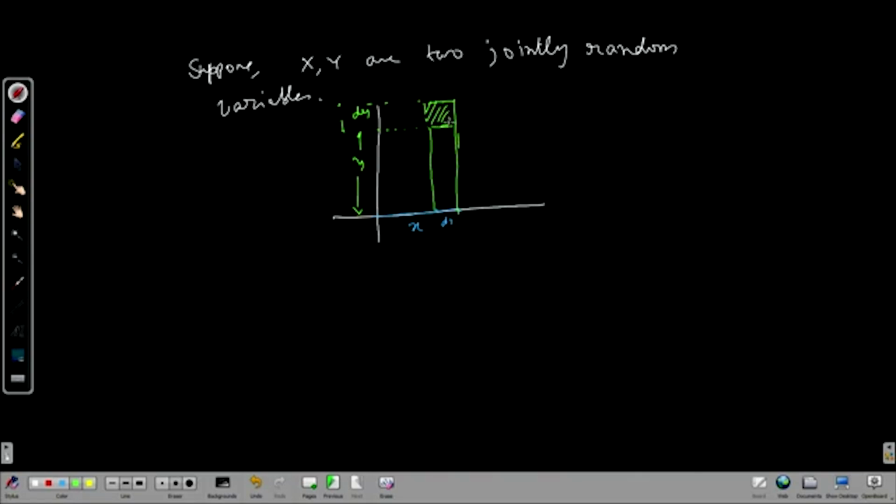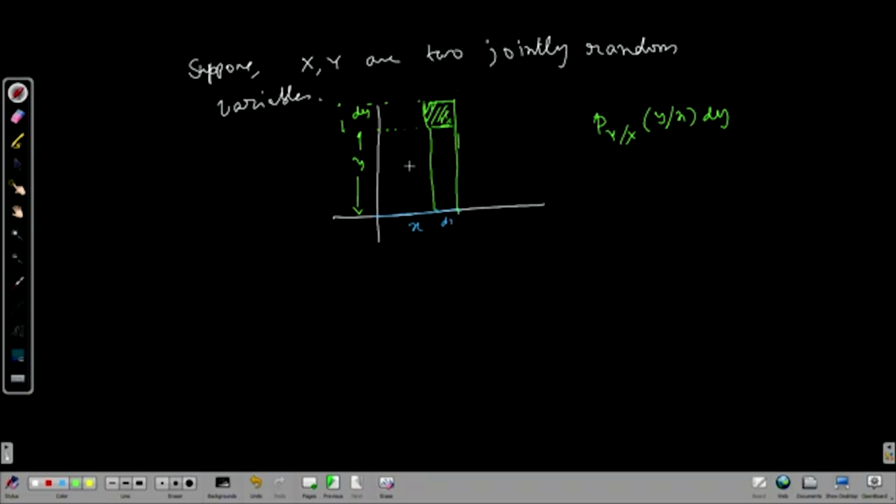We have seen this thing, the meaning of this we know, y by x. It means when we constrain capital X to lie from here to here, under that constraint, what is the probability of capital Y lying from here to here. So, whether here or here or here does not matter, that probability.